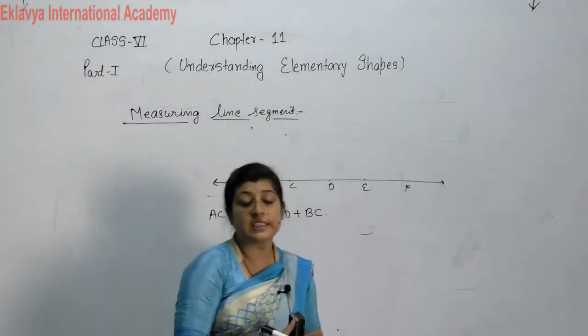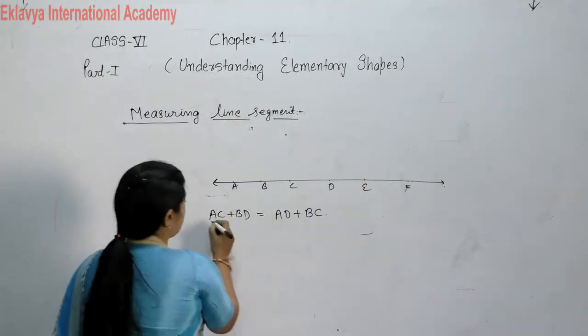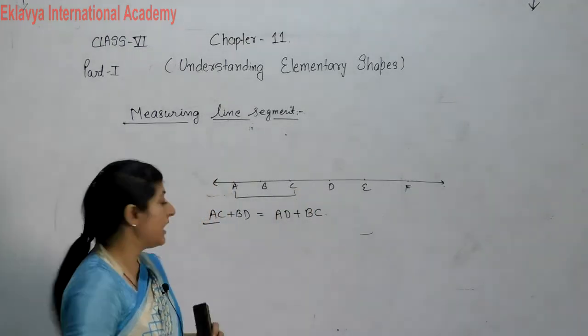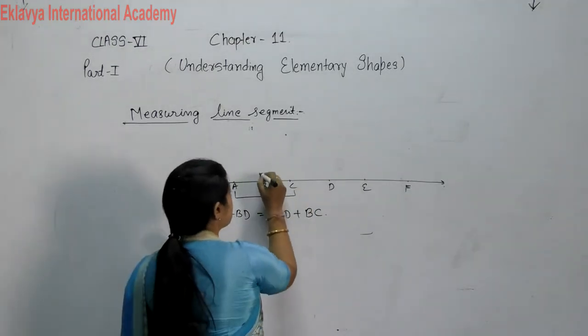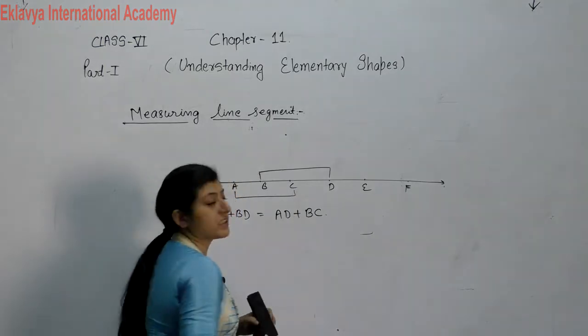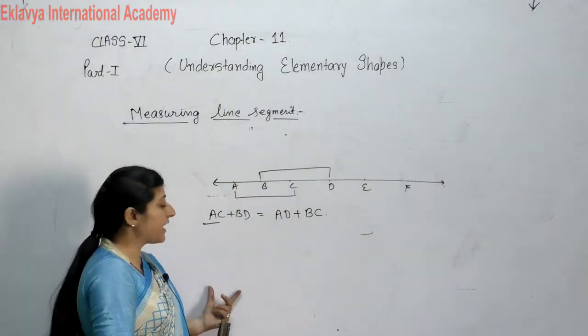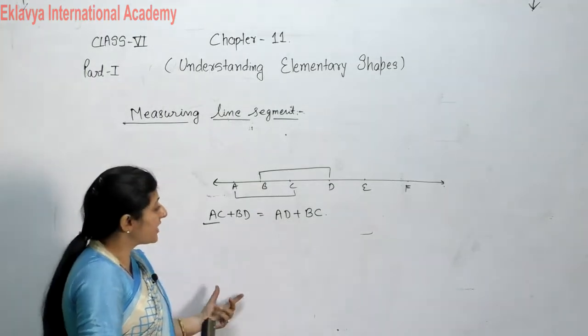You have to measure these line segments. See, AC, it means firstly we will measure this one and then plus BD. Then we will measure this one and add both line segments. We can find out the LHS, left hand side.